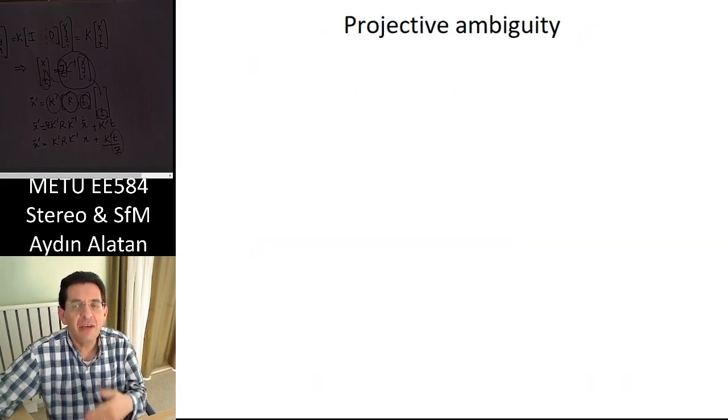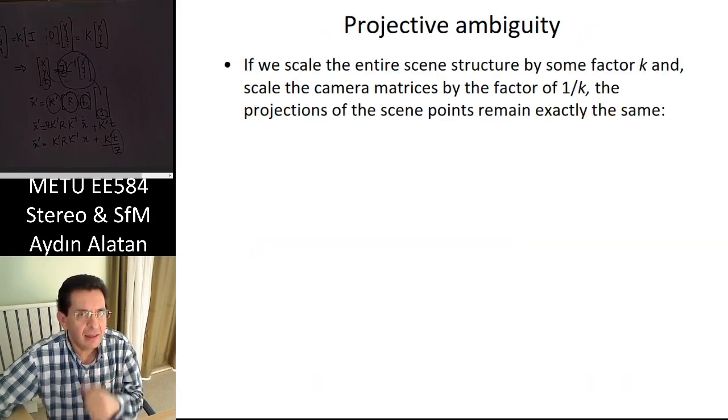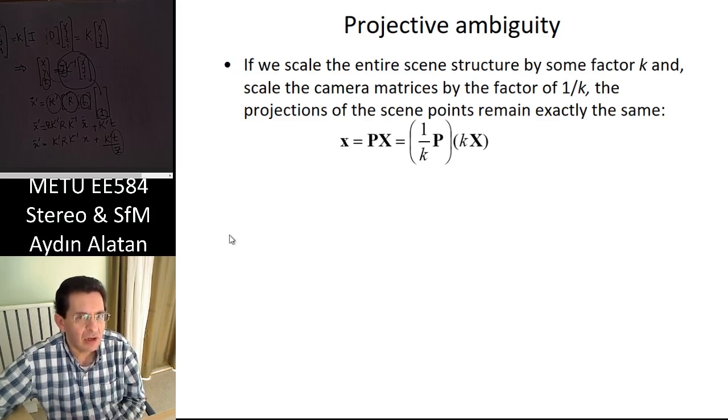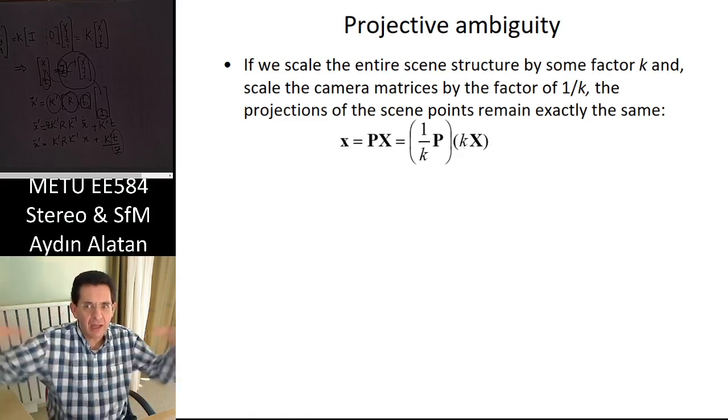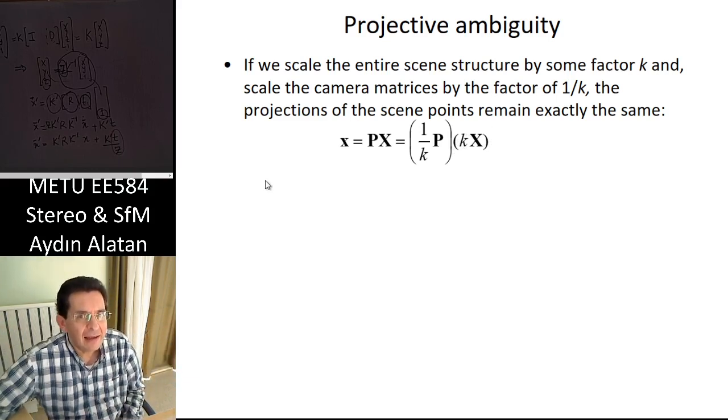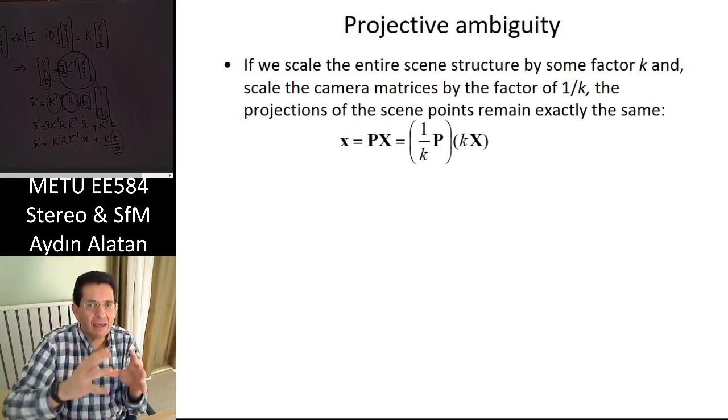Now there is more ambiguity. Look at this equation. I have X being projected by P and obtain the projected value small x. If I multiply by 1 over k scalar and k here, certainly they cancel out. This is exactly equal to each other, but say k is 10. You are, for example, making your small toy 10 times larger, and then inserting your k here, you are making the projection smaller.